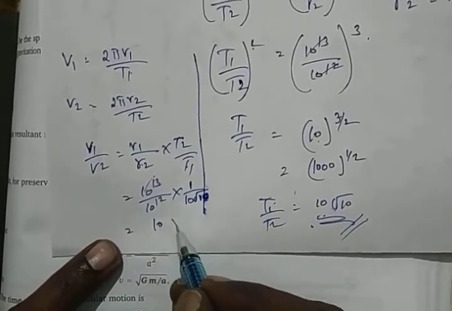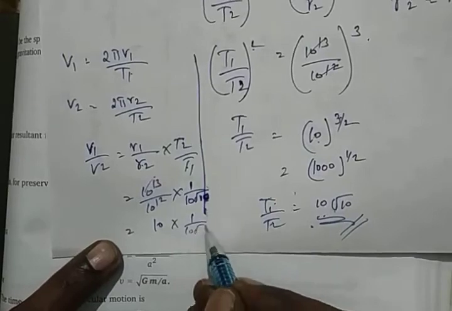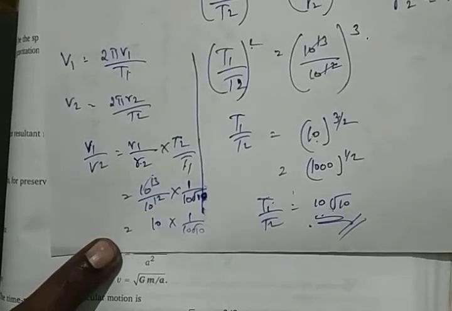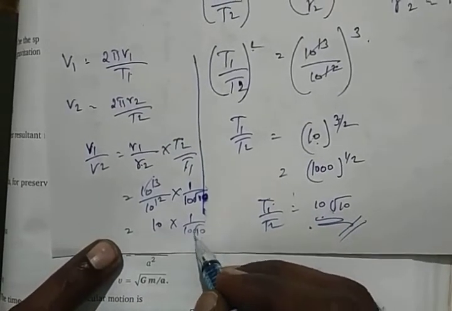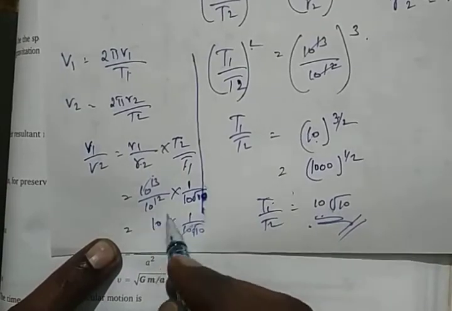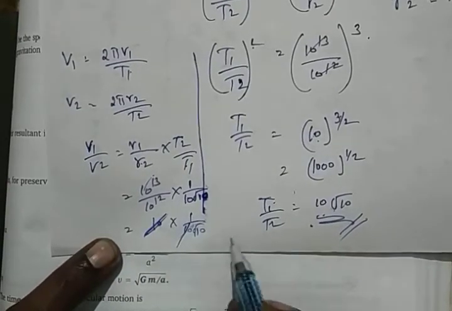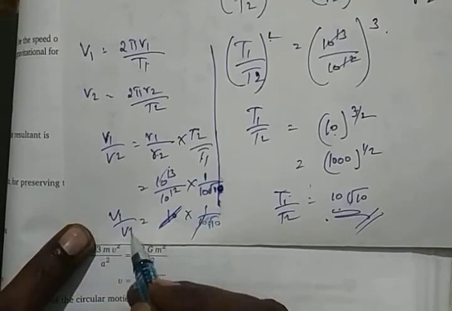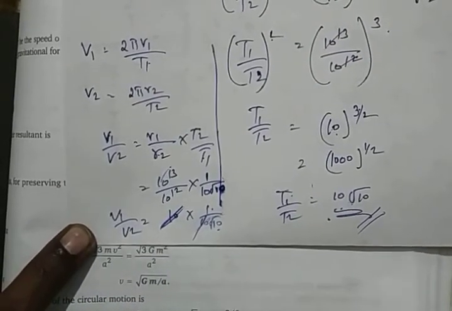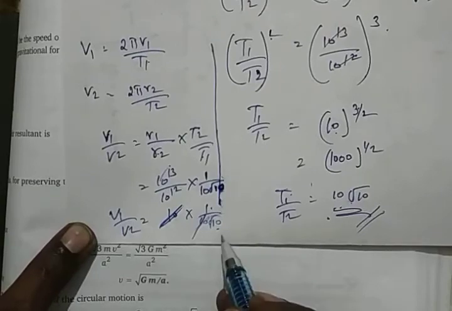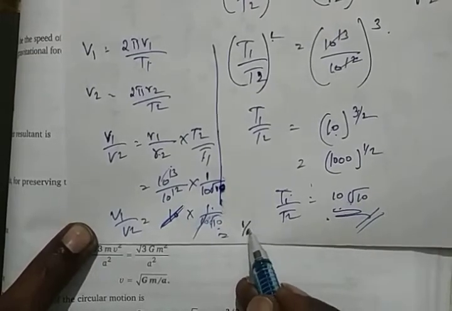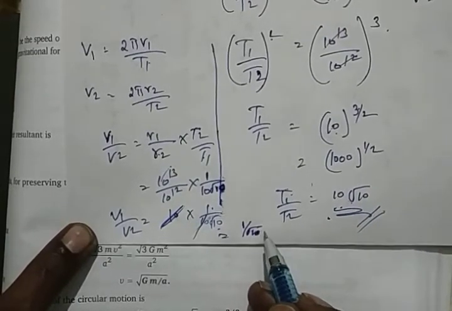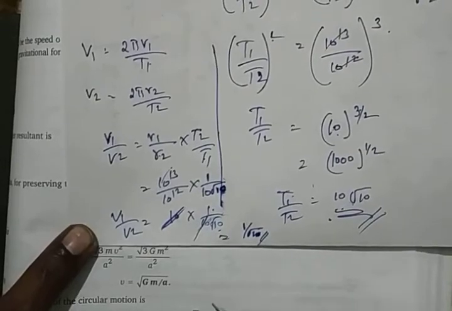Only 10 is there, into 1 upon 10 under root 10. So this gets cancelled, this also gets cancelled. So what's the answer? V1 by V2 is going to be equal to 1 upon under root 10. That is V1 by V2.